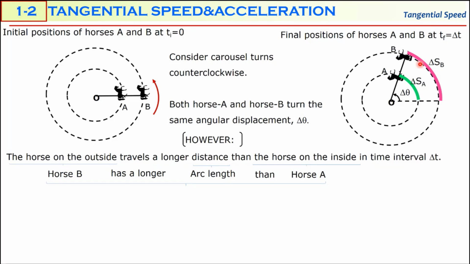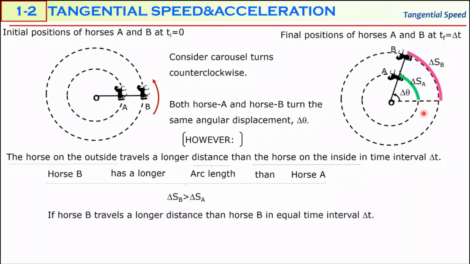One girl travels a longer distance than the other one until the teacher stops them, which means the one who travels a longer distance is faster than the one who travels a shorter distance. In here, then, we can say that if one horse travels a longer distance than the other one in the same time interval, that horse must be faster.